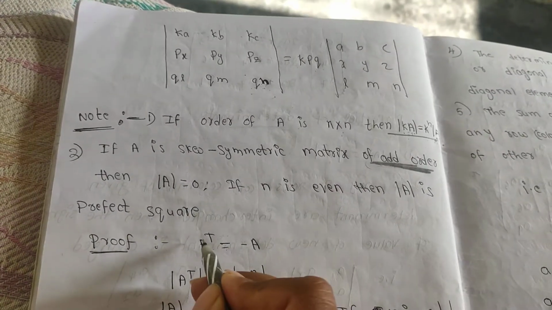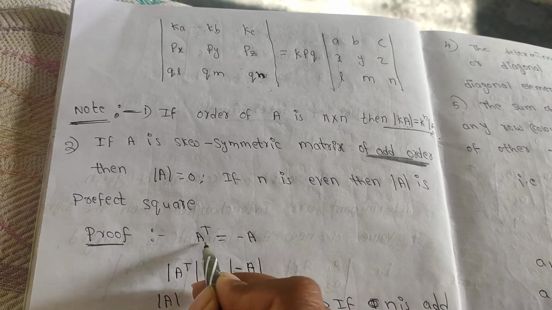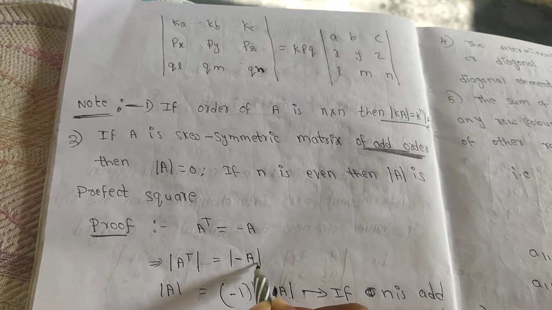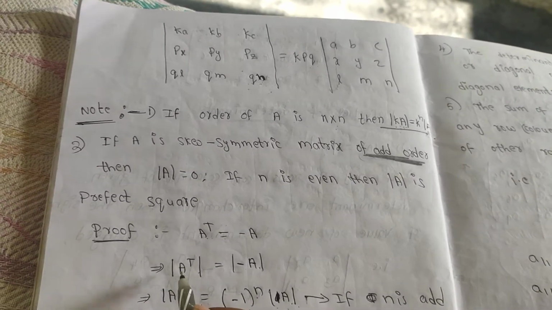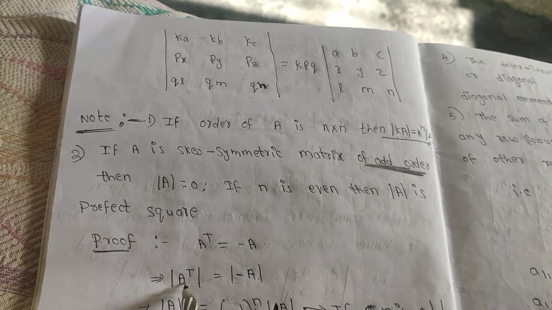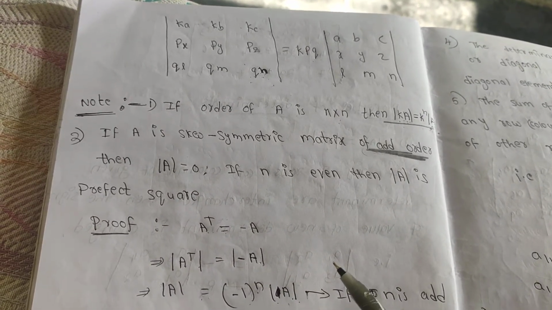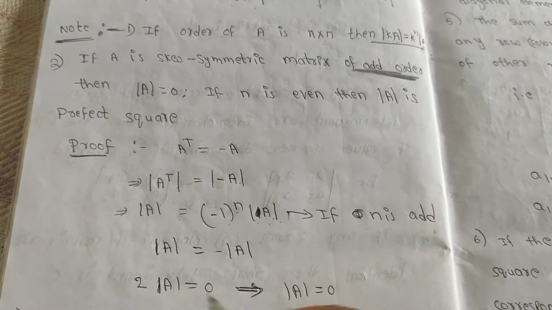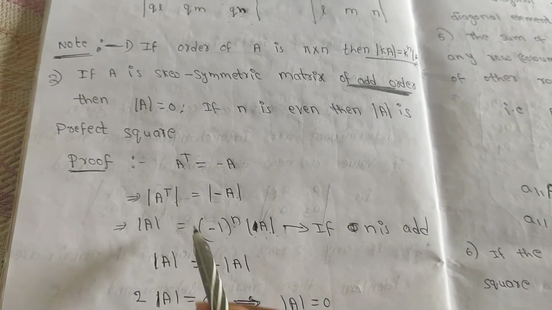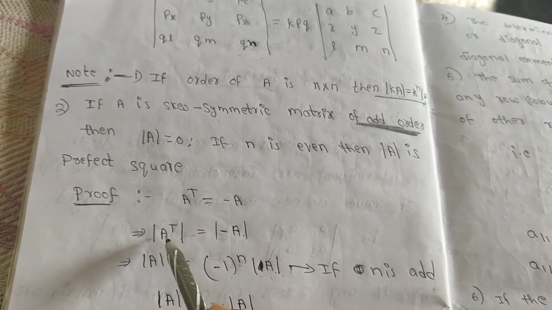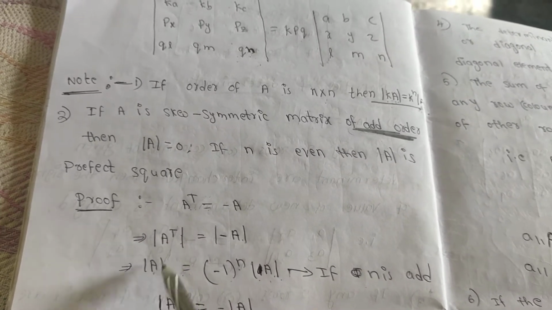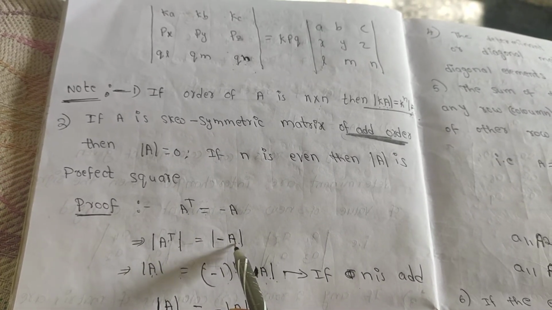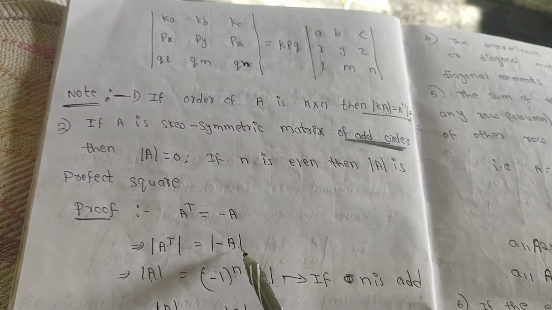See here, if you apply determinant to this first equation, A transpose is equal to minus A, so we have determinant of A transpose is equal to determinant of minus A. Already I gave the first property: determinant of A transpose is equal to determinant of A. So you write det A is equal to determinant of minus A. Let us consider it is n by n order.